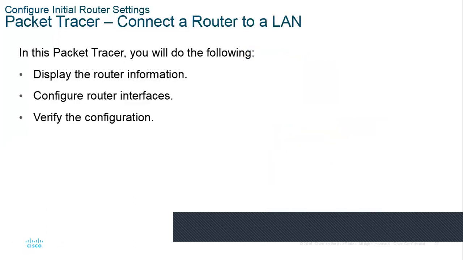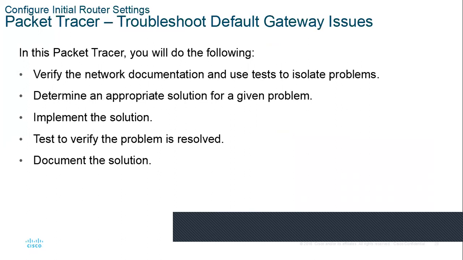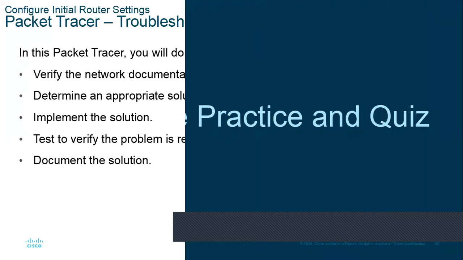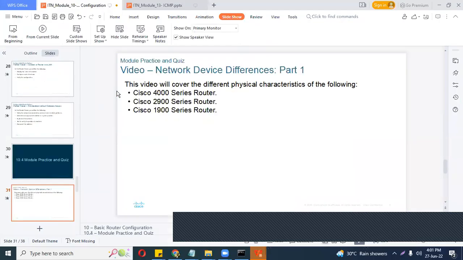Okay. So there's a Packet Tracer lab here, that will be later. There's a Packet Tracer lab here also, and that'll be all. Before the summary of everything we've learned, there's a practice video in your Cisco LMS that tells you the characteristics of the 4000, 2900 series and 1900 series routers.